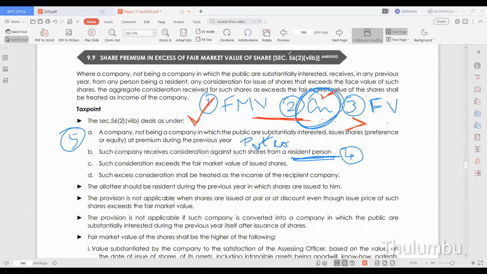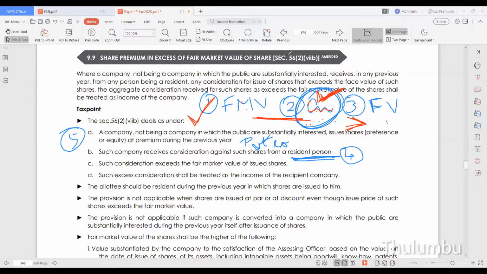First என்ன check பண்ணுங்க, consideration of face value. So consideration face value ஓட அதிகமா இருந்ததுன்னா then check consideration and fair market value. இது நம்ம சம்மோட பார்க்கலாம். If suppose consideration is more than fair market value, then difference between consideration and fair market value is taxable as income from other sources.